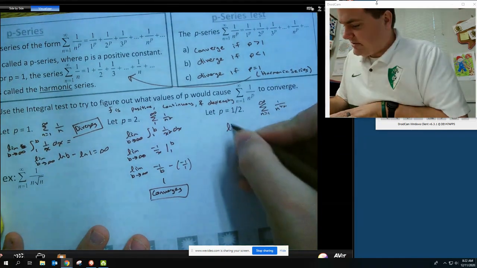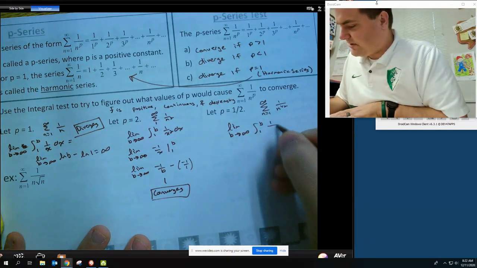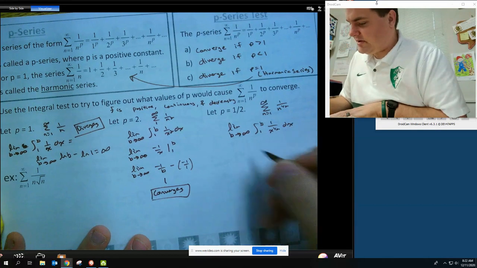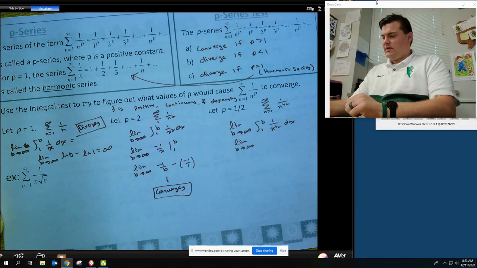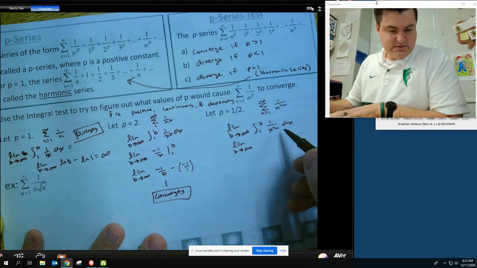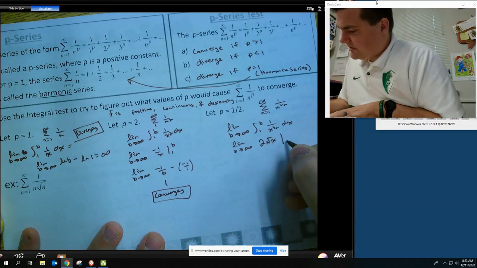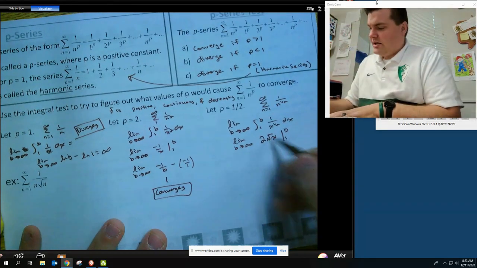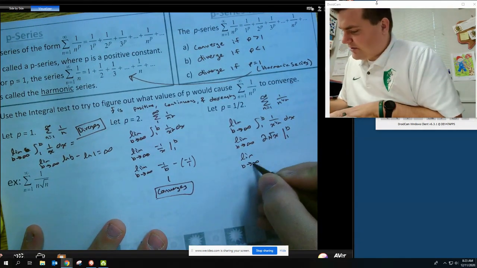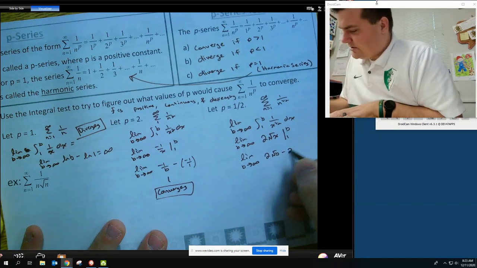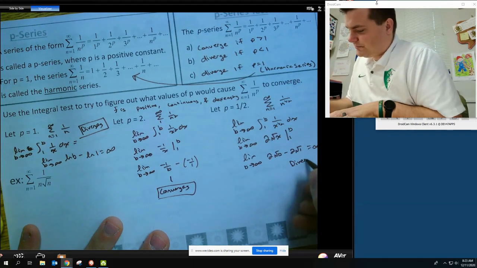So if I do the limit as b approaches infinity of the integral from 1 to b of 1 over x to the 1/2 dx, this is going to give me 2 root x, evaluated from 1 to b. Root x is always increasing, so if I go out to infinity, it's going to equal infinity. This is why this diverges.